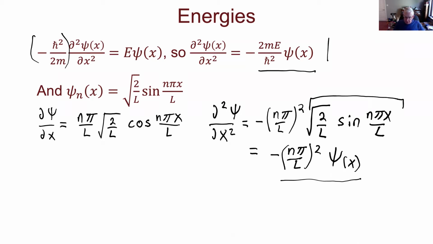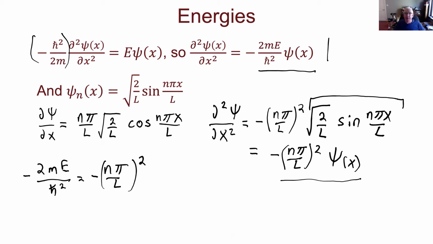Okay, so that means I can take the pieces in front of the psi in both of those expressions and I can set them equal to each other. That'll give me minus 2mE over h bar squared equals minus n pi over L whole quantity squared, right?